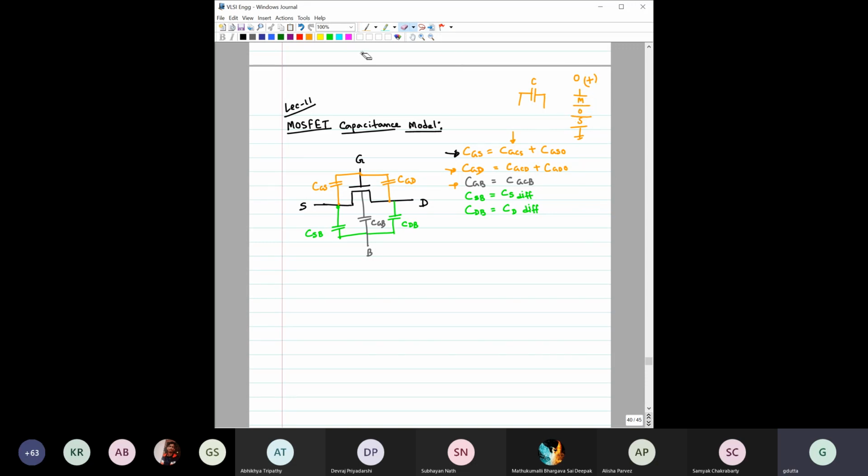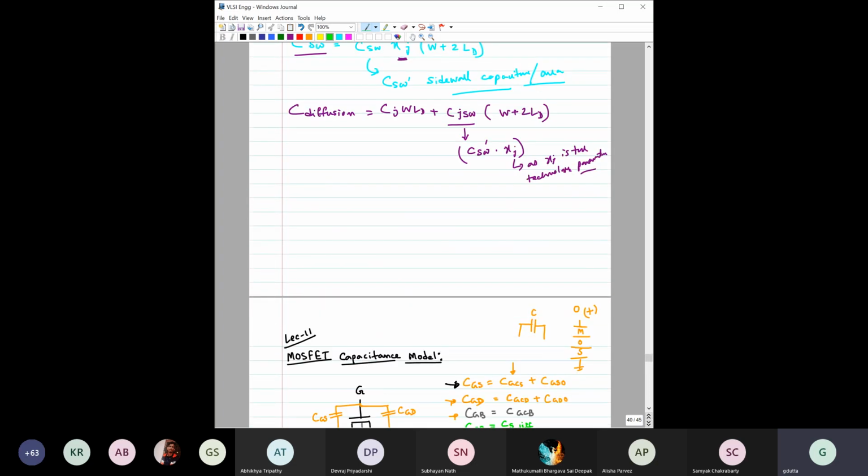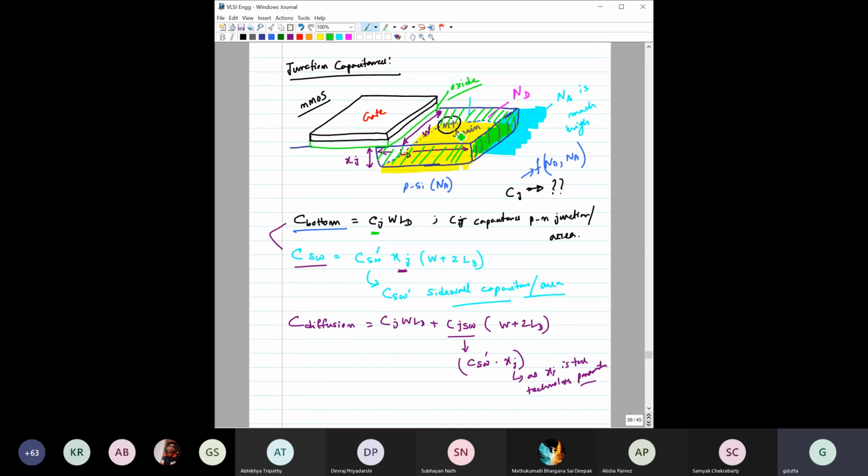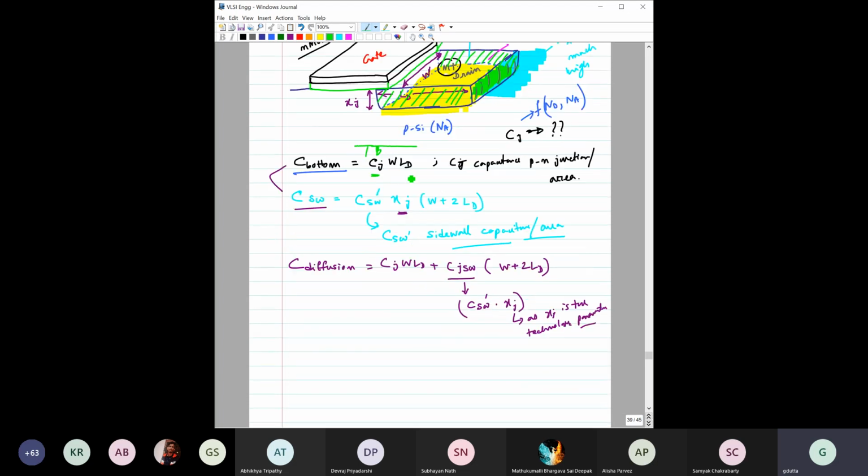Capacitor measurement. Then you can see here we have two more capacitances, CSB and CDB. Between source and body, the capacitance would be due to the diffusion capacitance, as we were just discussing. Suppose this is the drain terminal and the body is below, so between drain and body the capacitance would be due to this diffusion region.